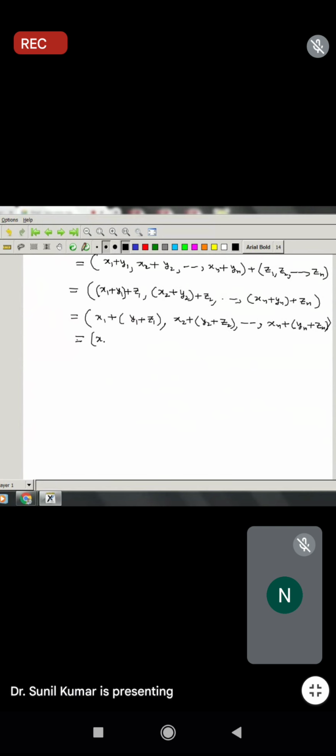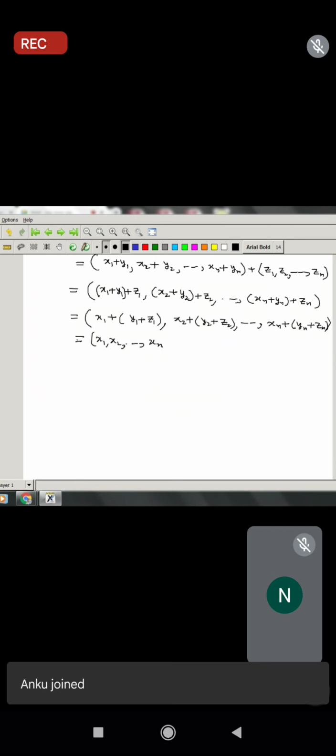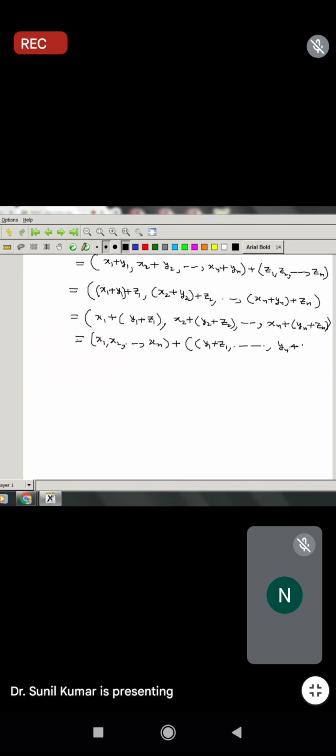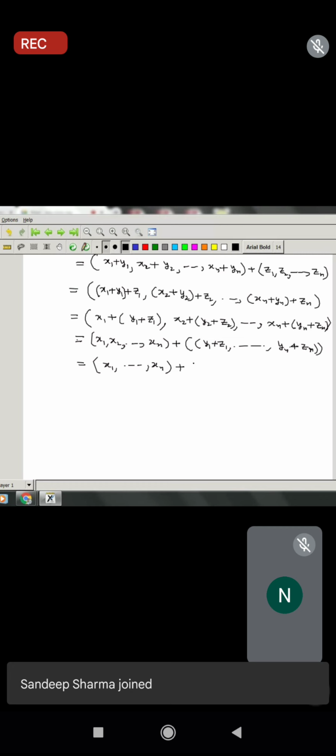We can separate like this: x1, x2, up to xn, plus y1 plus z1, and so on, yn plus zn. And now we can also separate this. How can we separate this?